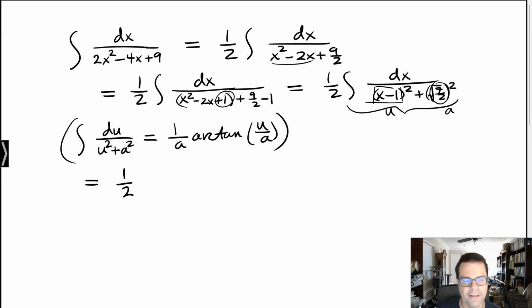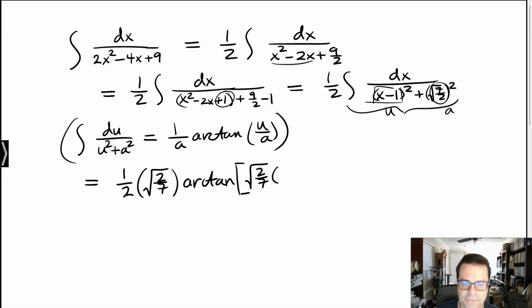I need to divide by that, or think of it as multiplying by the reciprocal. So the reciprocal of root 7/2 would be root 2/7. And then inverse tangent, and then I need inside here a root 2/7 times (x minus 1).